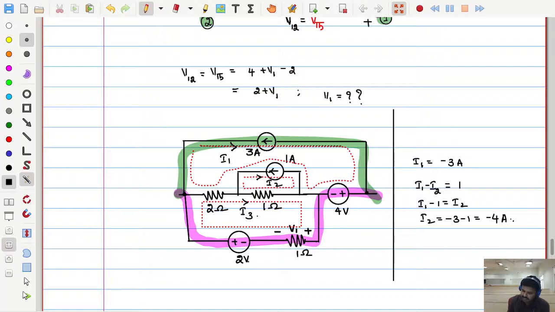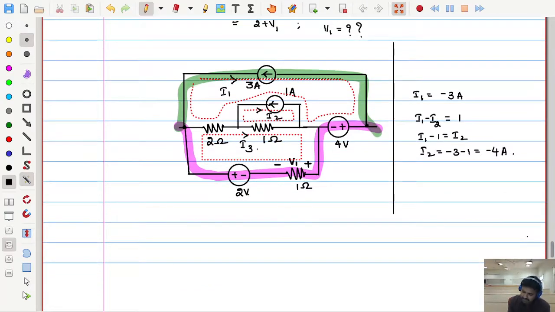Now what is left is a simple thing, KVL for mesh 3. Let us quickly write the KVL. I am starting over here: 2 into (I3 minus I1). But the I1 value is already known, so minus 3; I am taking minus plus.